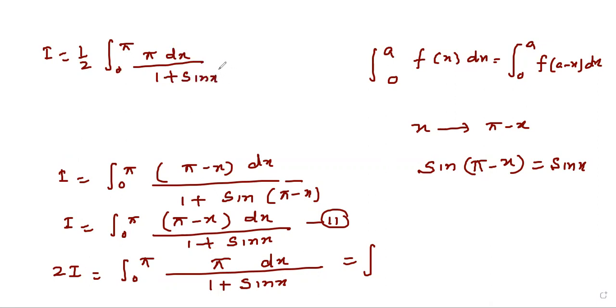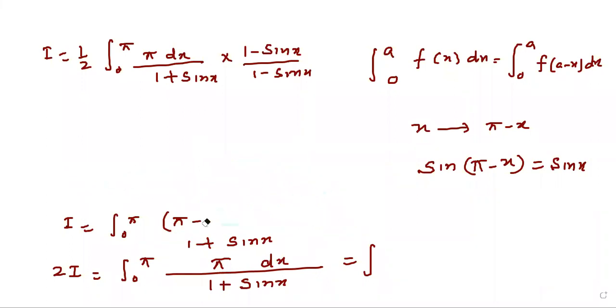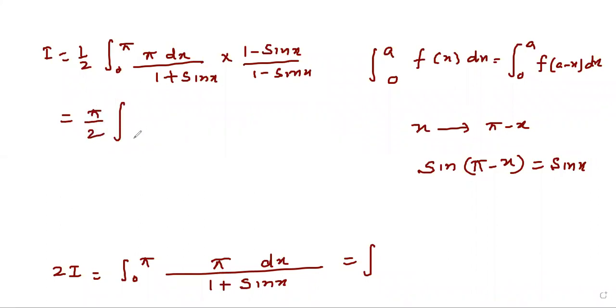Now we can multiply and divide by 1 minus sin x. So our next step will be I equals pi by 2 integration 0 to pi of (1 minus sin x) dx divided by (1 plus sin x) times (1 minus sin x), which will give cos square x, because 1 minus sin square x is equal to cos square x.